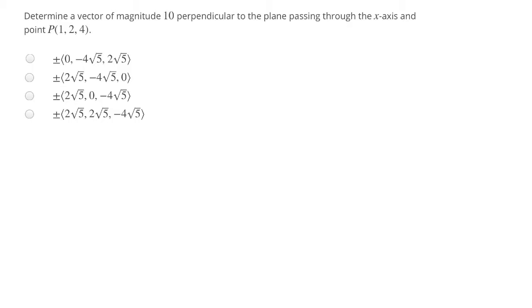So the idea in this problem is that it looks like we're only given 2 points, but really we're given 3 points. Since we know the plane passes through the x-axis, we can choose 2 points on the x-axis.